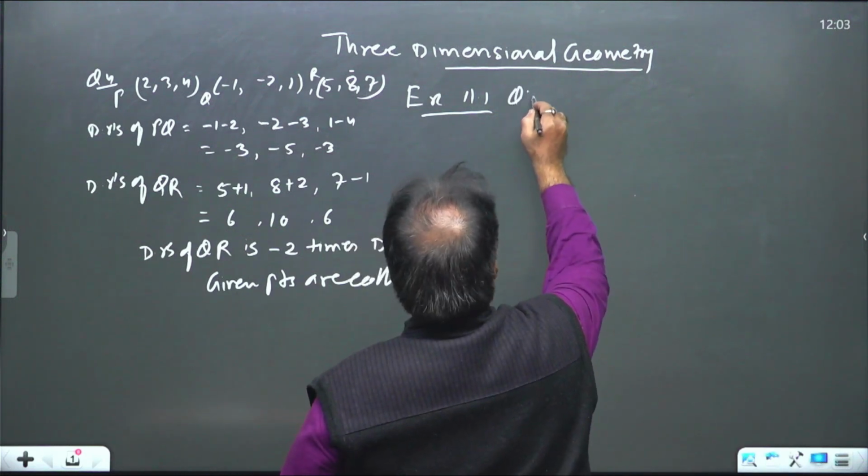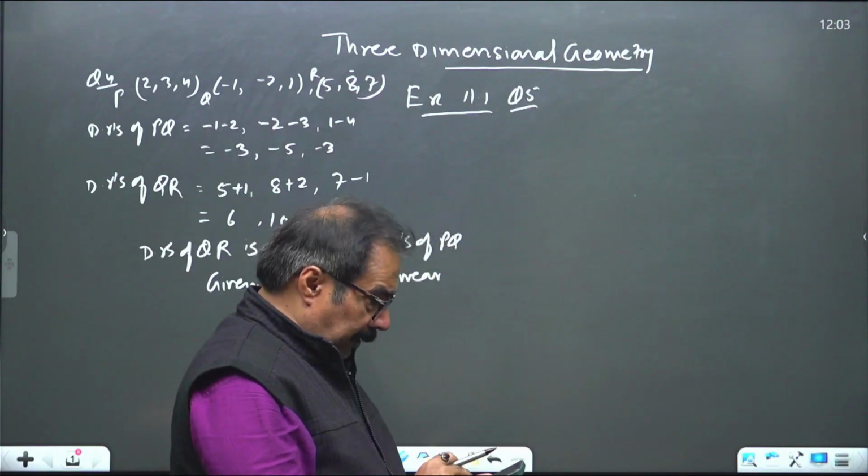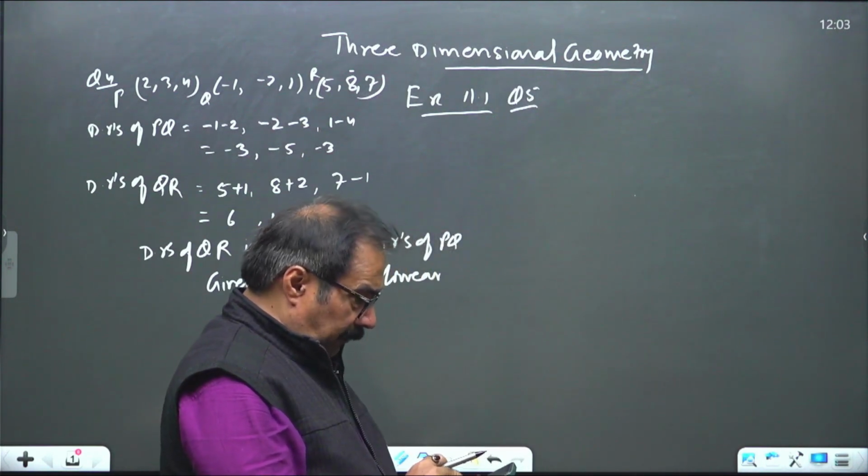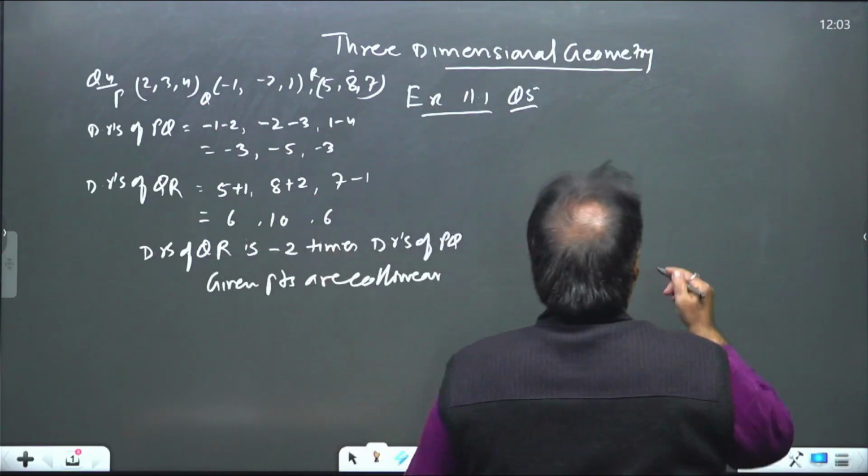Question number 5. Find the direction cosines of the sides of the triangle whose vertices are given.